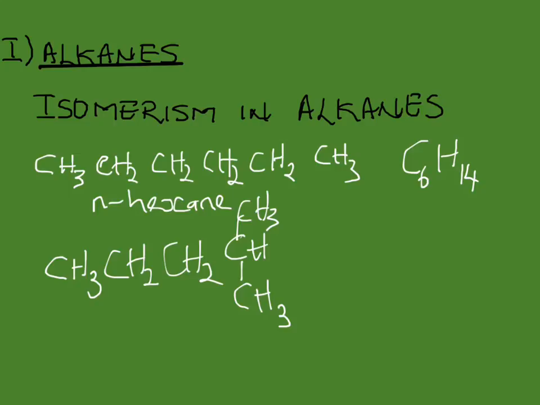Fine. This now, how can you name this structure? Definitely the longest chain there, if you count, is 1 carbon, 2 carbon, 3 carbon, 4 carbon. But now you need to take the shorter direction. This is 1 carbon, 2 carbon, 3 carbon, and carbon 4.